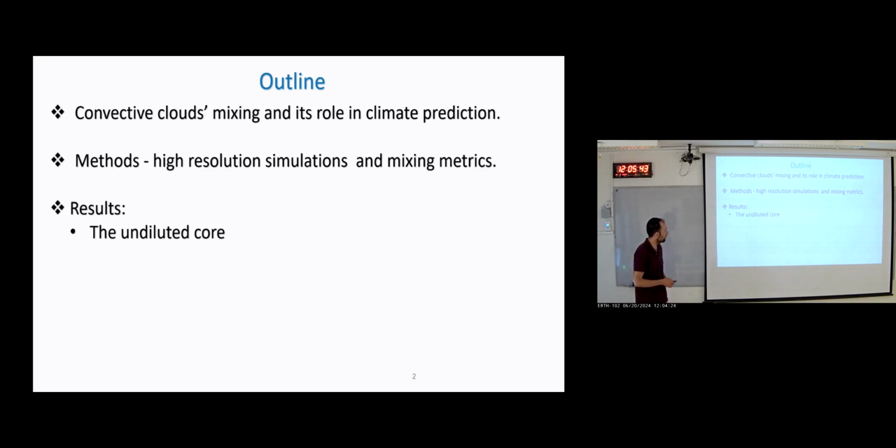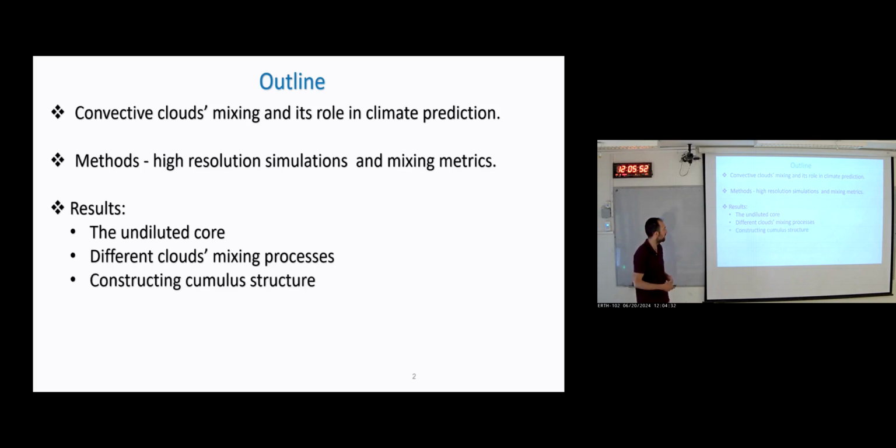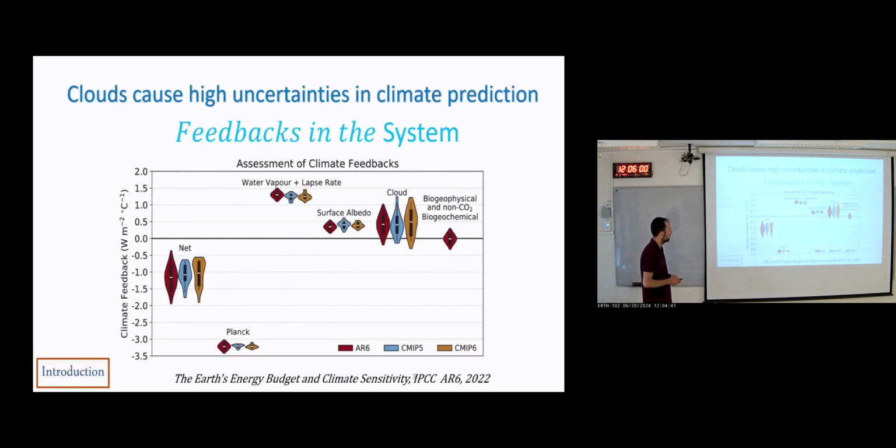And I'll present the results, which are the undiluted core, the different cloud mixing processes that occur in different scales, and construct a general picture of the structure of a Cumulus cloud, and we'll end up with a discussion.